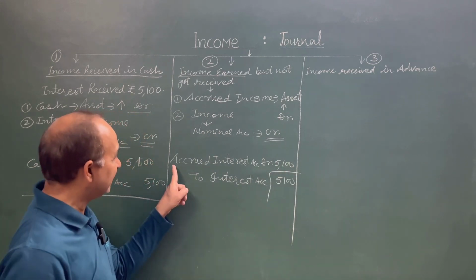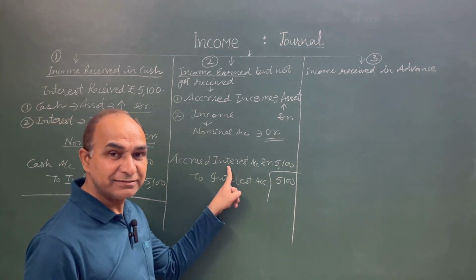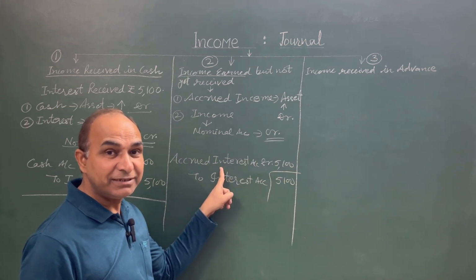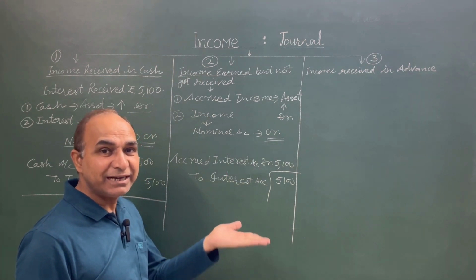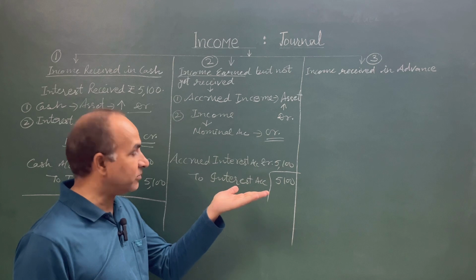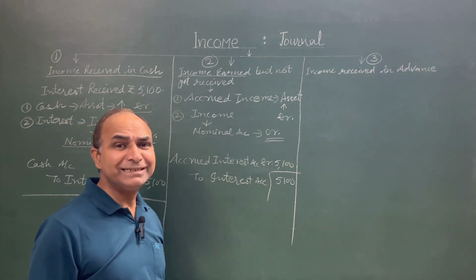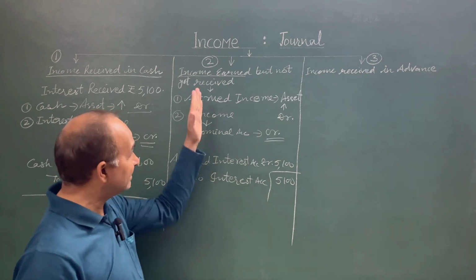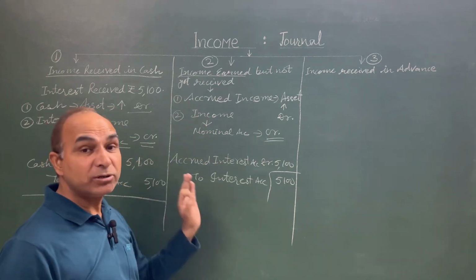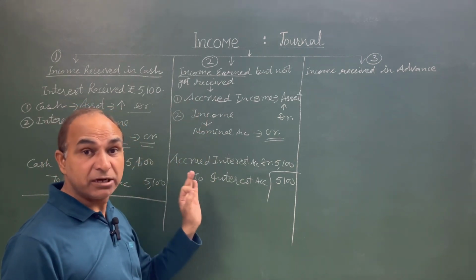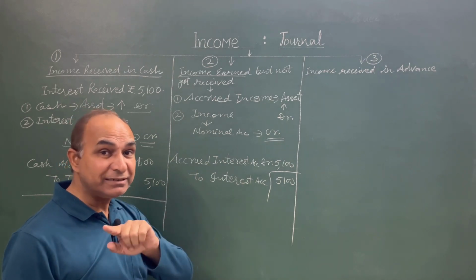So dear friends, accrued income is an asset. It has been debited since it is showing an increase in the asset according to the modern approach. And interest account is income, and whenever income increases, that is credited. So this is the second case, accrued income, meaning income earned but not yet received.